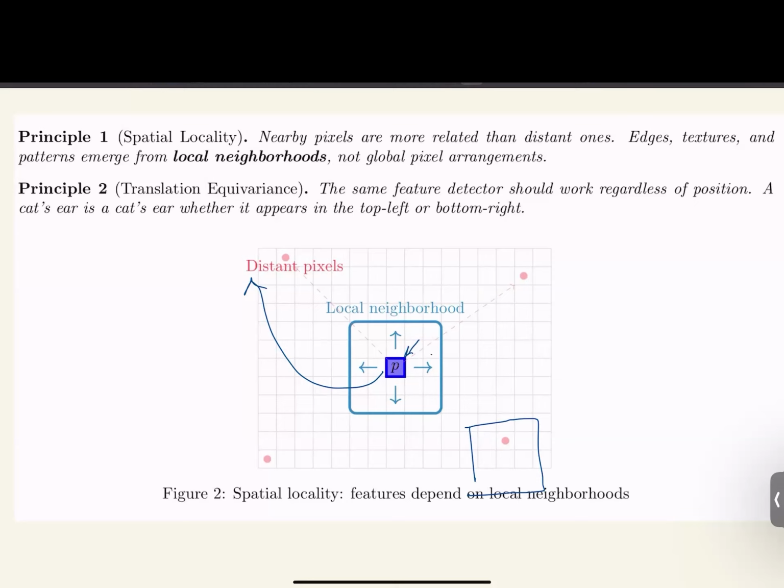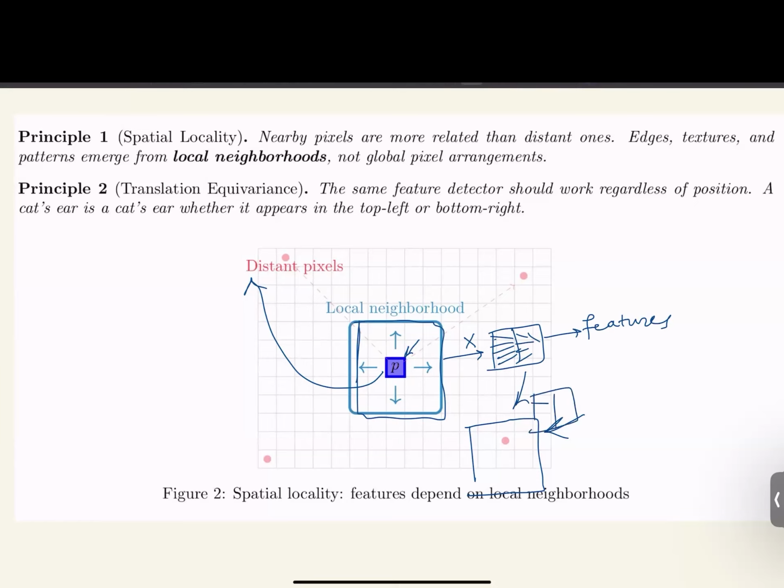So if we have a feature extractor that is working over this local neighborhood, the same feature extractor can work here. So what does that mean? That means that if I have a neural network that is looking at this and takes this as an input and gives out the features, the same neural network basically should work here too.